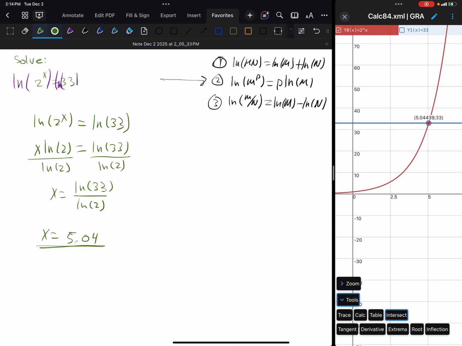Okay, well, that was a relatively straightforward equation. Let's look at one that might not be quite so simple.